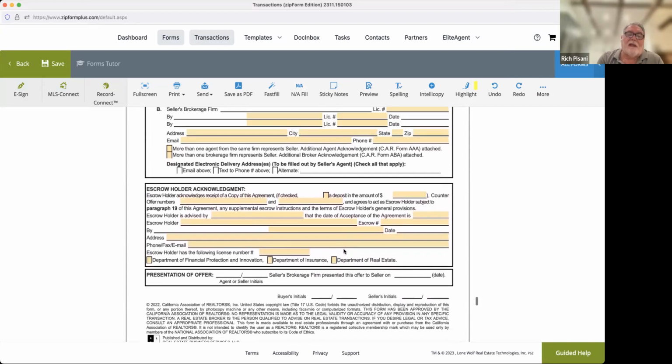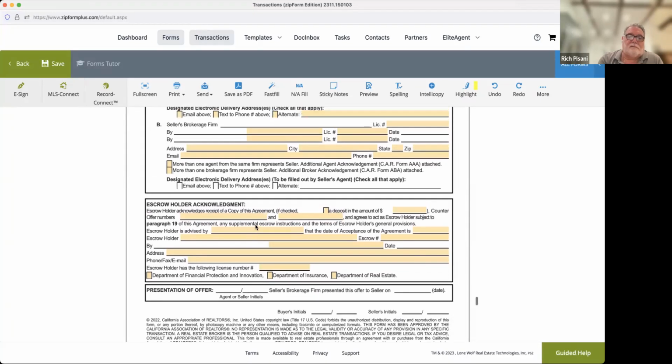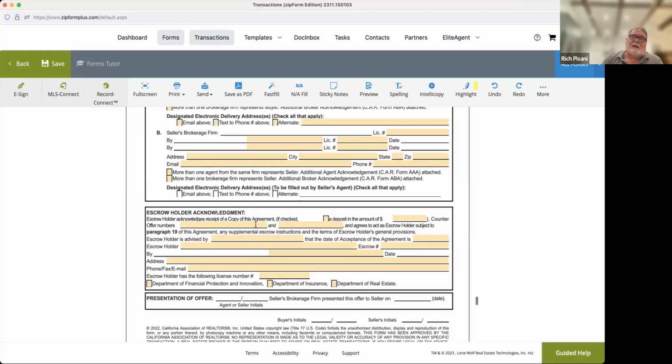This part here is filled out by the escrow holder. So that is the contract. Any questions on any of that? I know I kind of sped through it, but it's a long thing to go through.